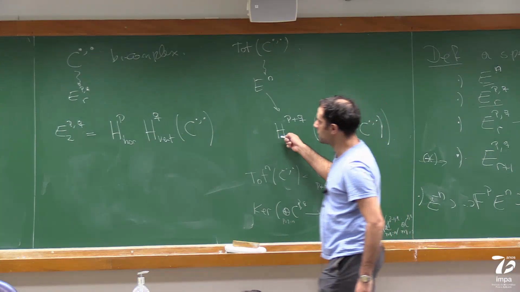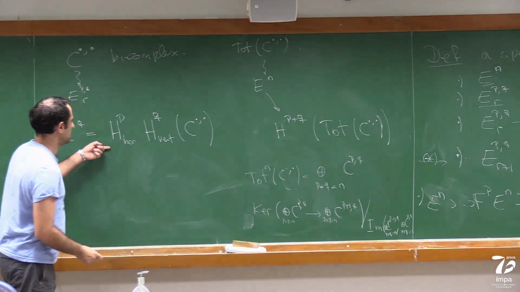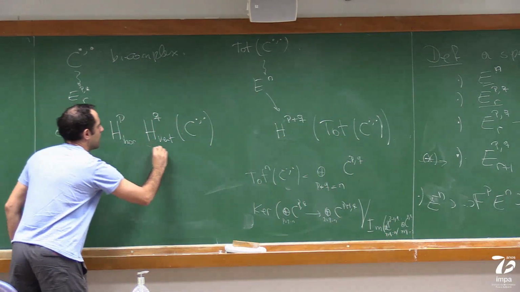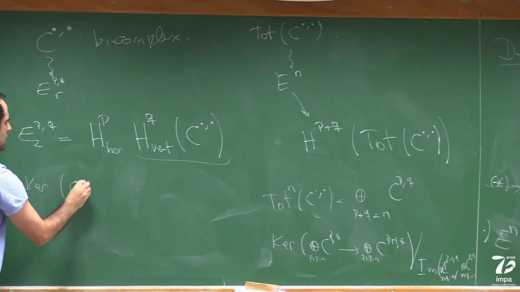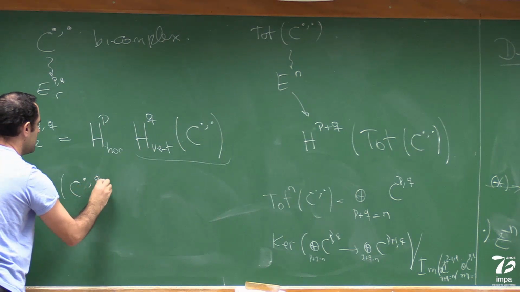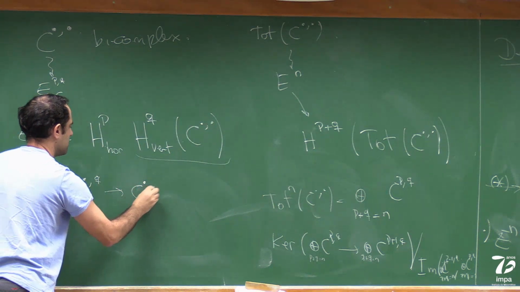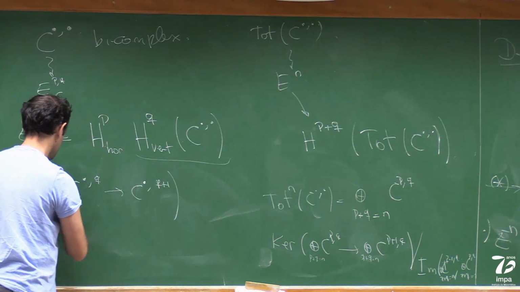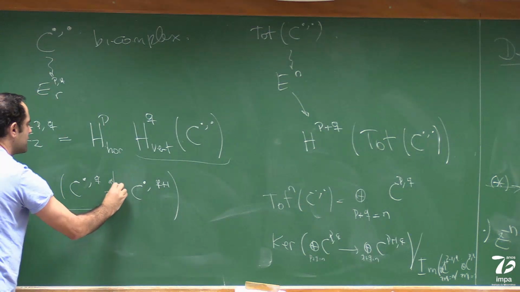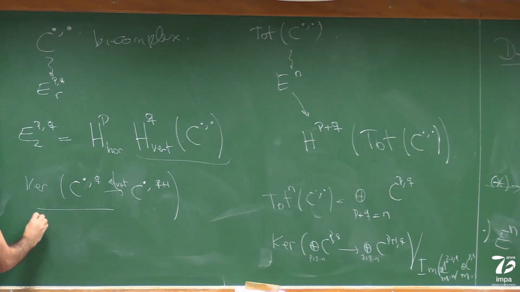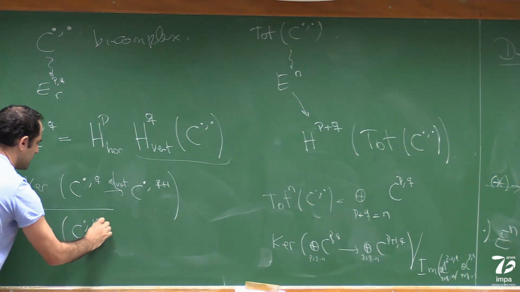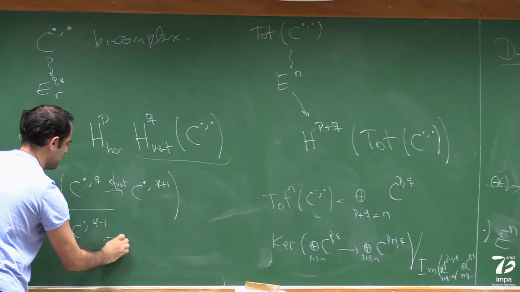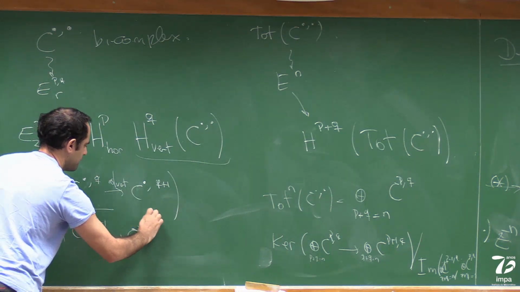So that's this space E_n, and this is the kernel of C_{dot Q} into C_{dot, Q plus 1} modulo the image. So this is the vertical differential modulo the image of that differential, Q minus 1, C_{dot Q}.